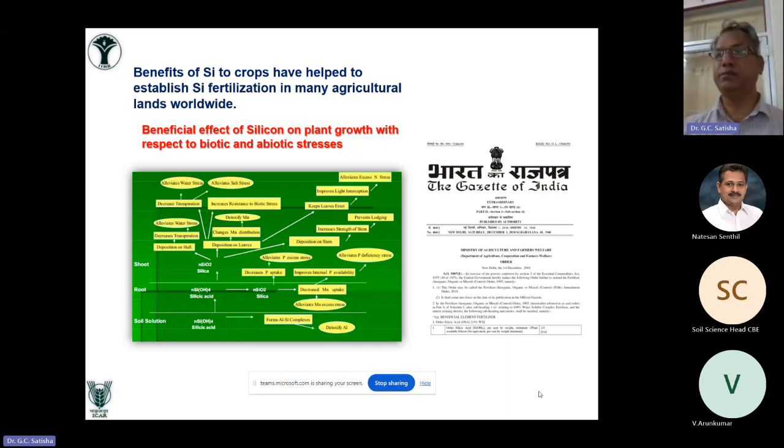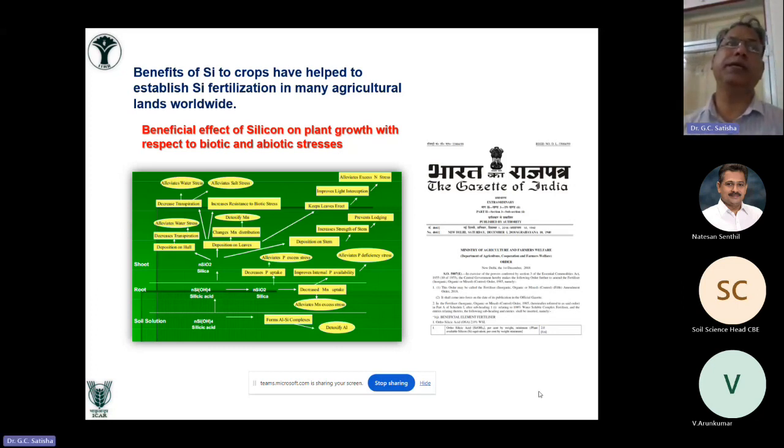There are also sources we use for silica nutrition, such as potassium silicate as well as orthosilicic acid. They are industrial byproducts that we can use for foliar applications.